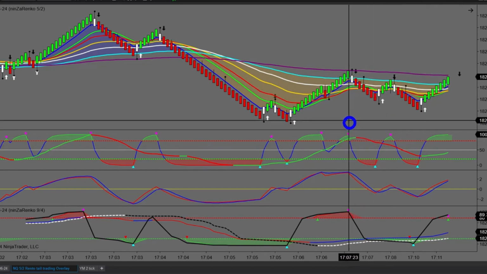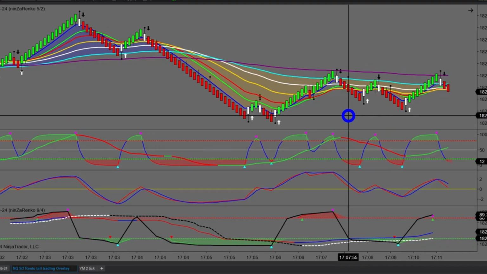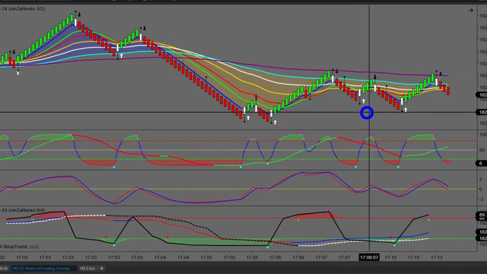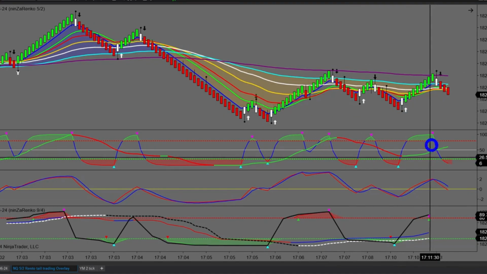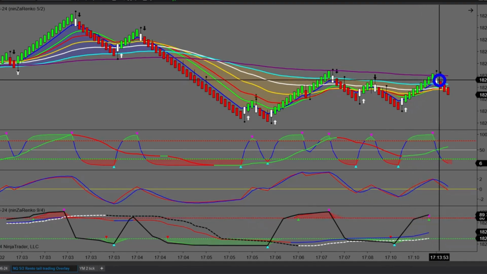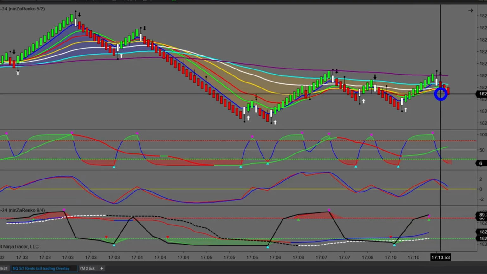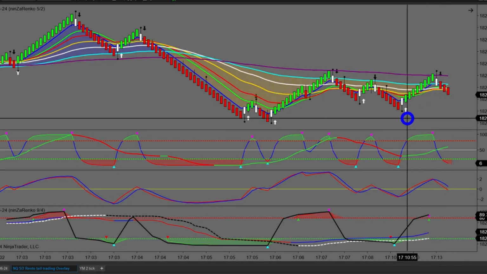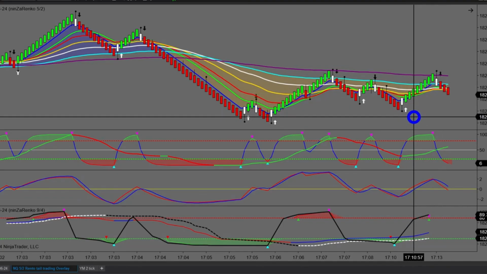So let's scroll along here, and we look at this right here. See how this would have been a 3B. Now as you know, if we have a deeper pullback, I highly recommend that you consider waiting for the anchor chart 1 candle to close.